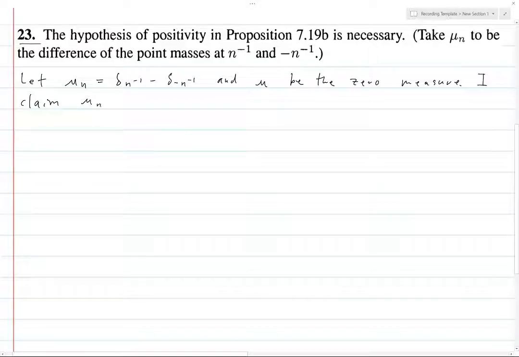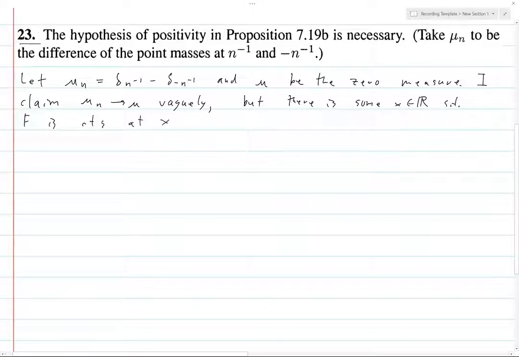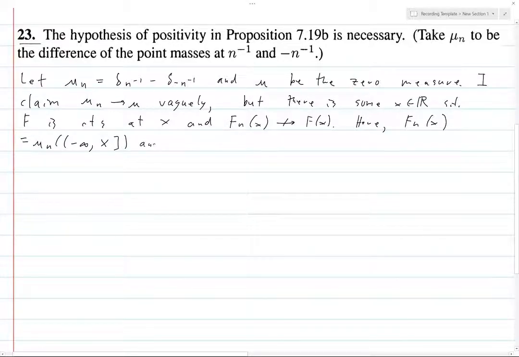I claim mu n converges to mu vaguely. But there is some x in R such that f is continuous at x and Fn x does not converge to F x. Here, Fn x is equal to the measure of the interval from negative infinity to x, and F of x is the same thing but for mu.